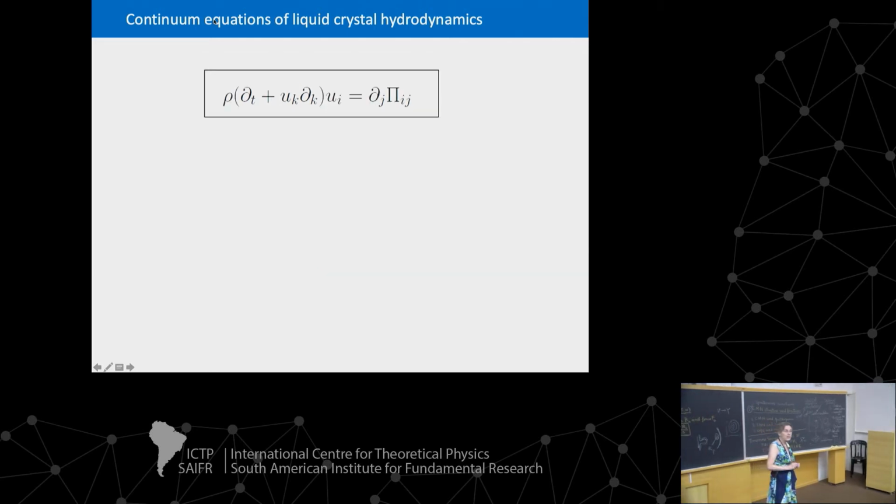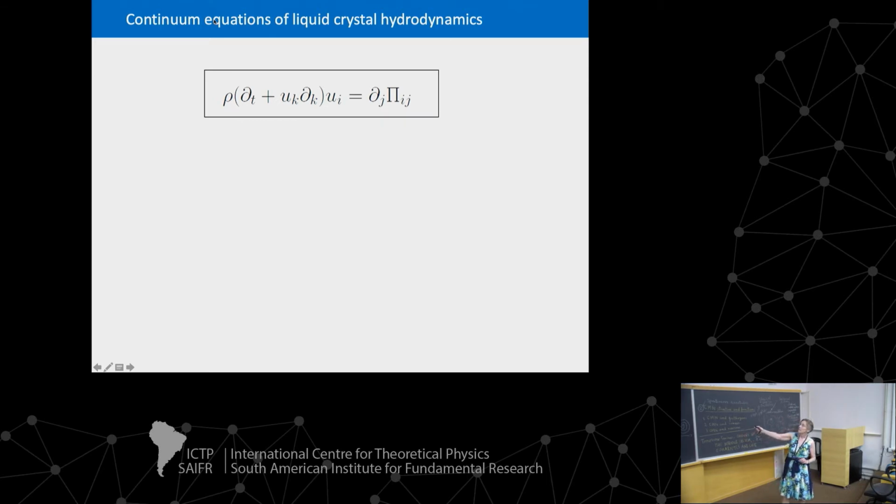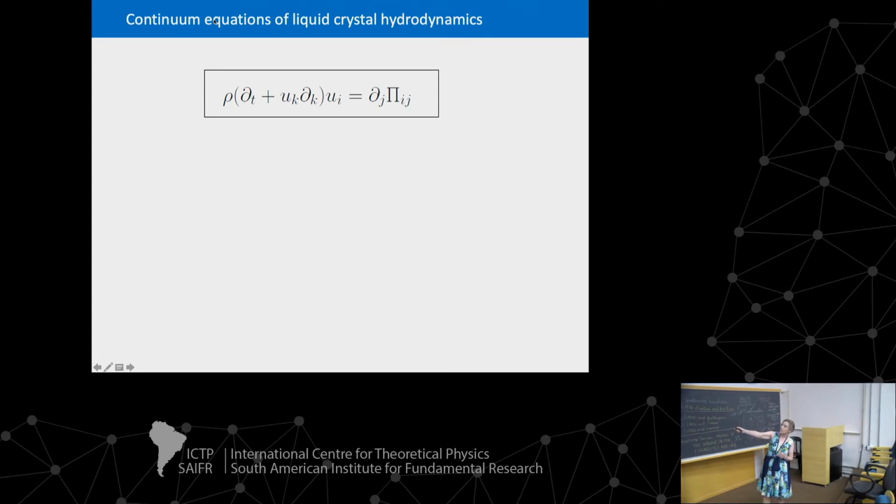Then we need an equation for the flow, and that looks, if you write it like this, exactly the same as the normal Navier-Stokes equation for the flow, d_t plus u dot grad u, that's the inertial terms. And then this side, I have the derivative of the stress. And in Navier-Stokes, the stress is just related to the velocity gradient tensor. Here's the viscosity. It's just the viscous terms.